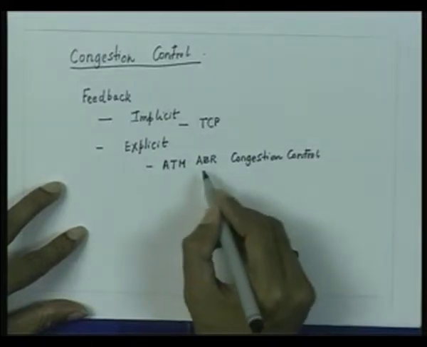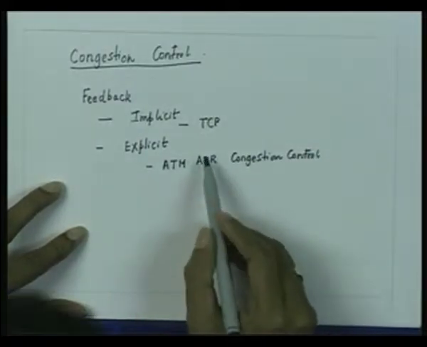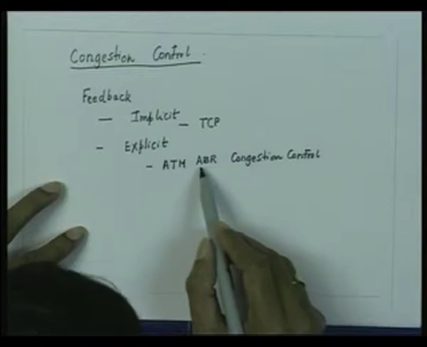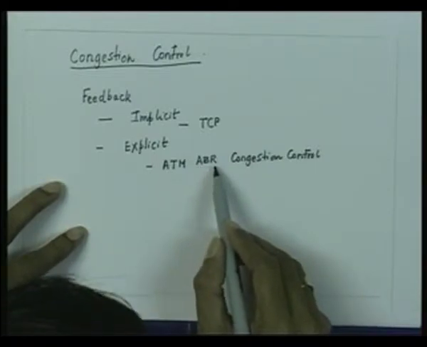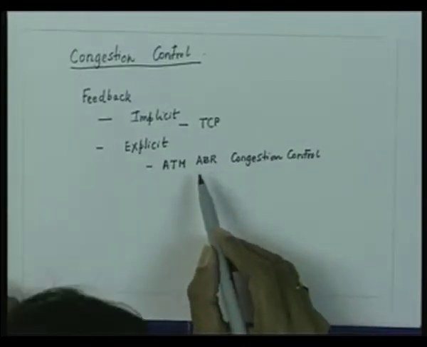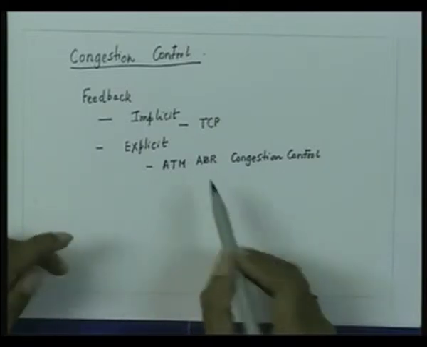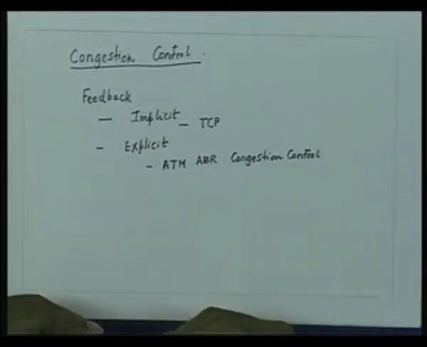We have already discussed what ABR traffic is in our previous lectures. ABR stands for available bit rate, and this traffic is not given any quality of service guarantees, but instead it uses whatever is the available bandwidth in the network.